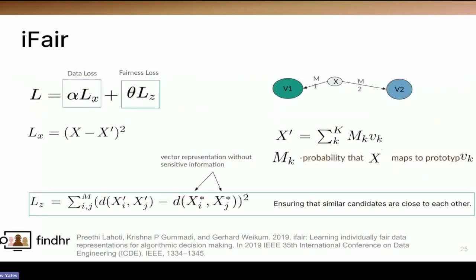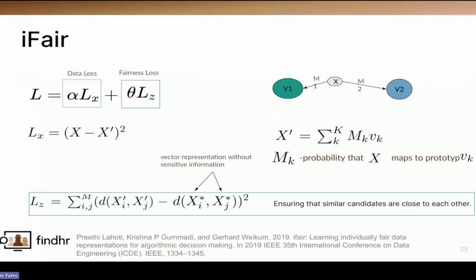So as I said, machinery is very similar. Again, we have a data loss and a fairness loss. The data loss is again the difference between the original feature vector and the reconstructed feature vector, based on these prototypes. So again, on the right, you see that this X prime, this new feature vector, is a weighted average of different prototype vectors or clusters that the user belongs to.